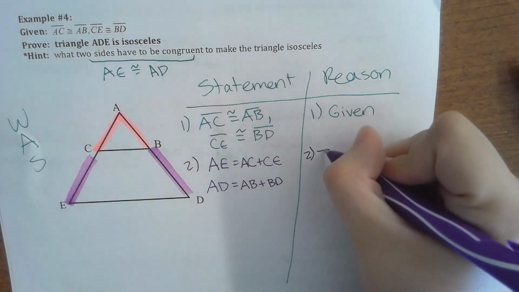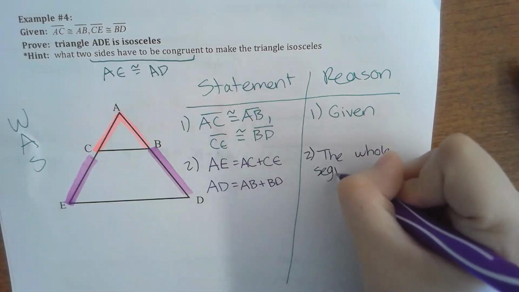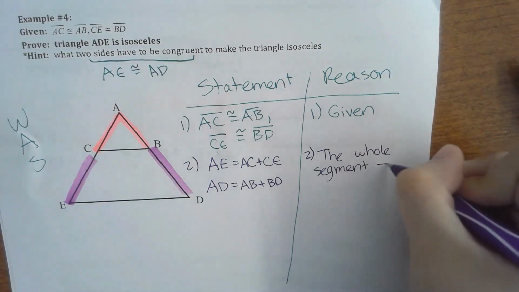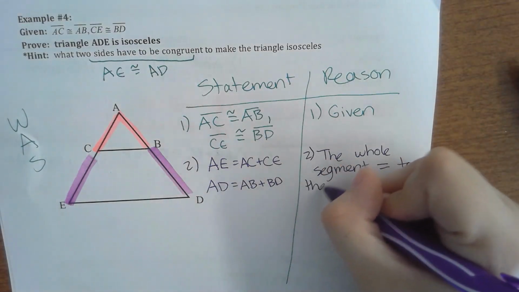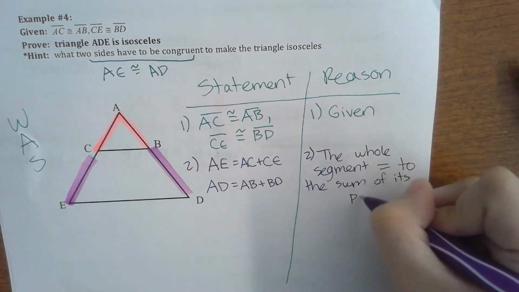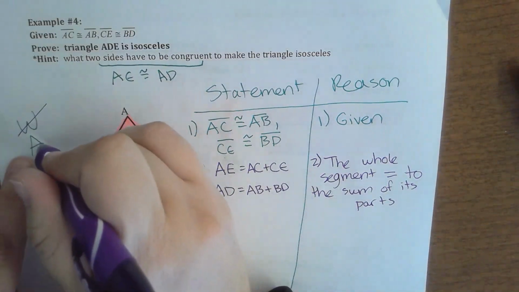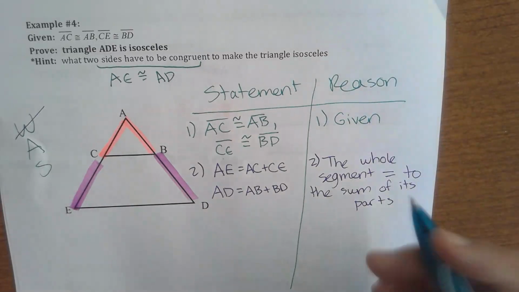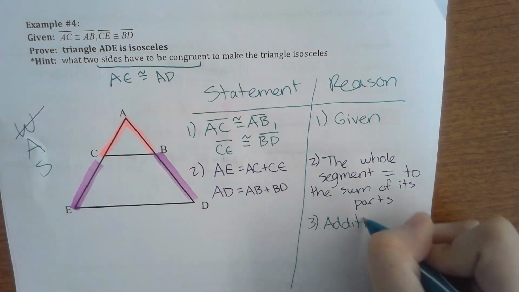I know that's true because the whole side or the whole segment is equal to, if I add its pieces, the sum of its parts. There's our W, A, addition. So our next reason is addition.